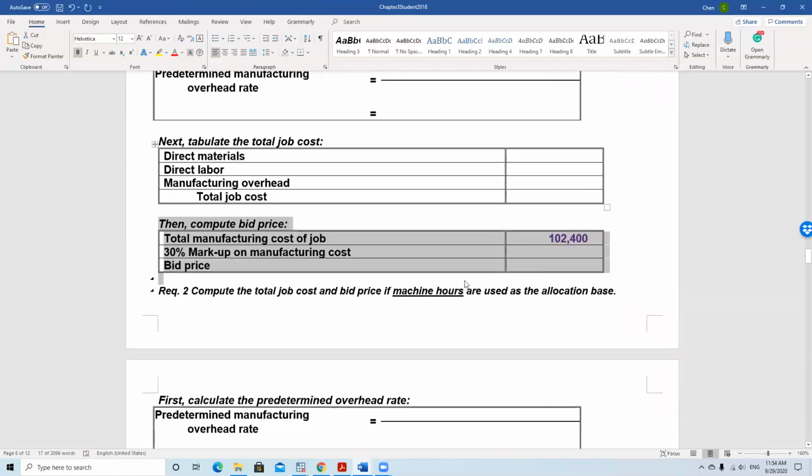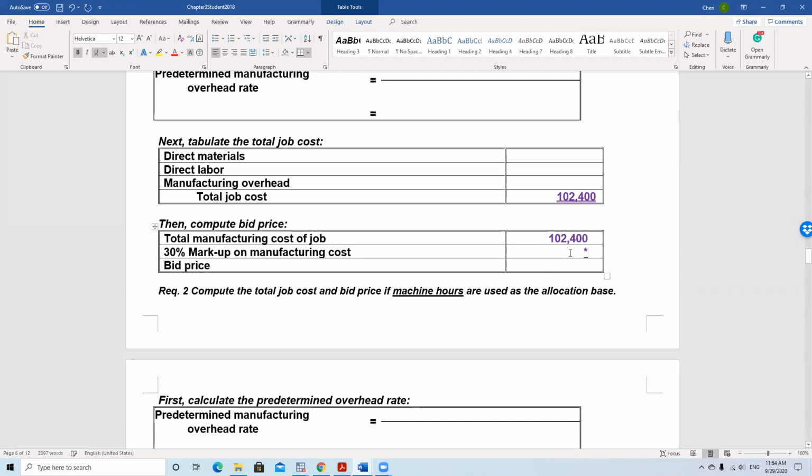Why do we use this job information? Okay, this is 102,400. Okay, so say if your job cost is 102,400, total manufacturing cost of your job, and you want 30% markup on manufacturing cost. So, and then what is your bid price? Like, you want to make 30% profit on this product, and then what is your price?